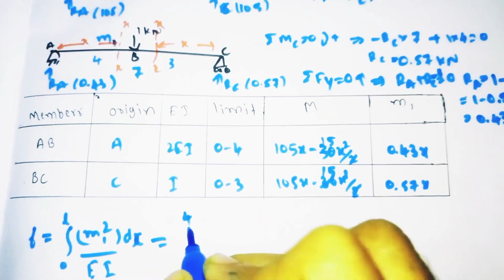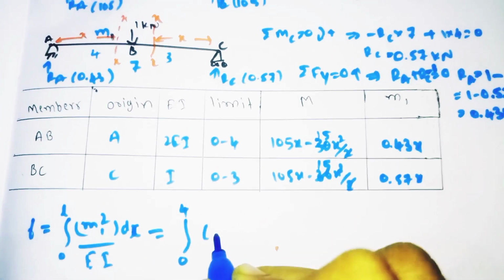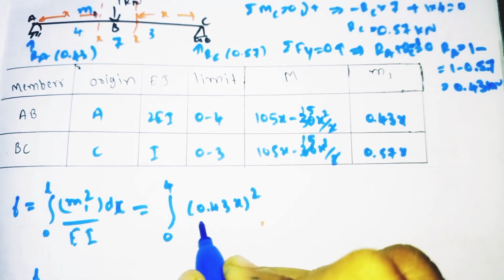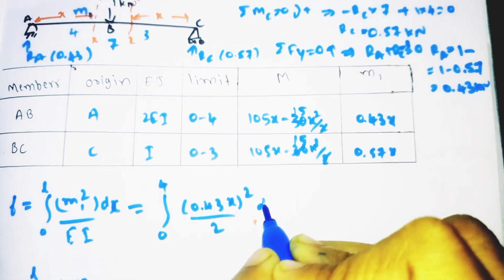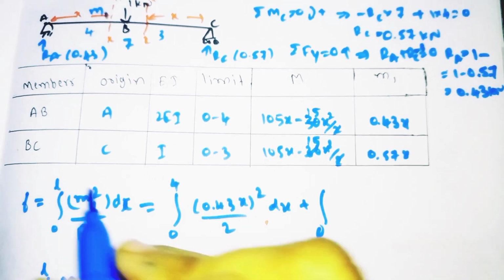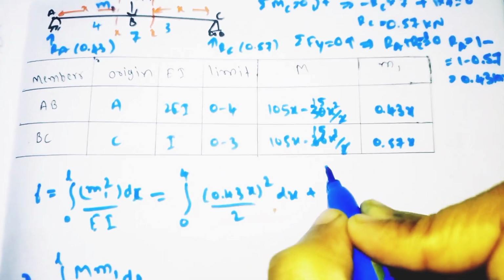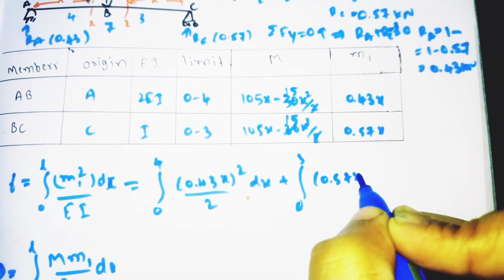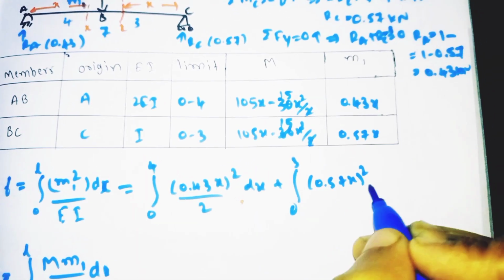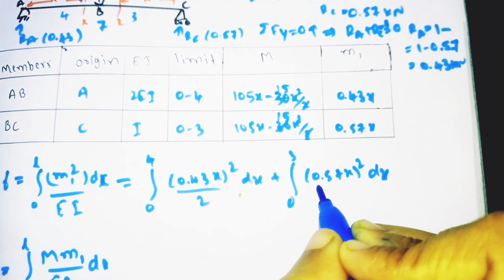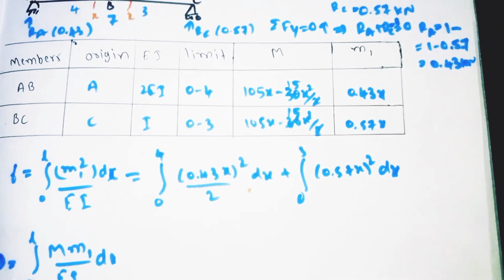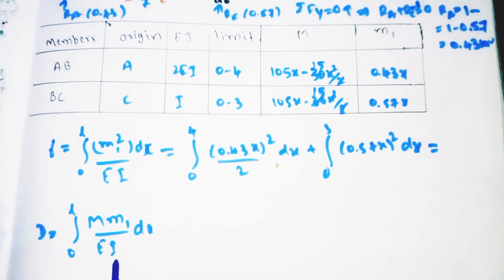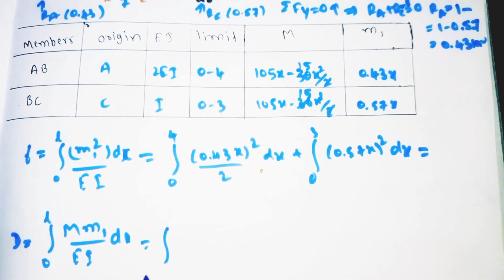So 0 to 4, m1 for AB is (0.43x) whole square, EI value is 2, into dx, plus integration of 0 to 3 for BC, and m1 will be (0.57x) whole square, EI value is 1. I will write these values also, then I will do the calculation.